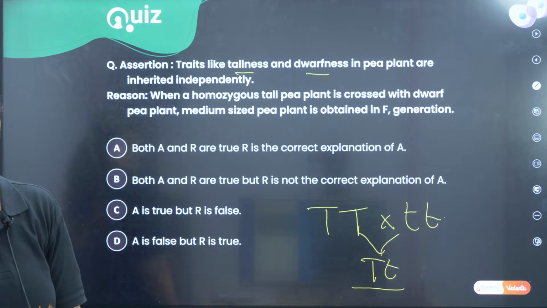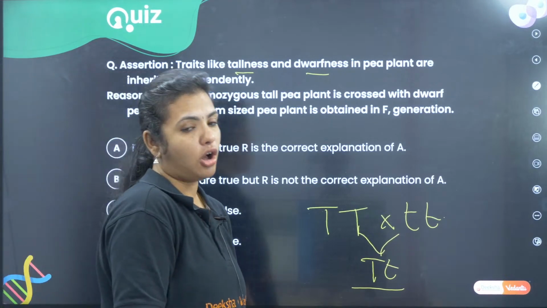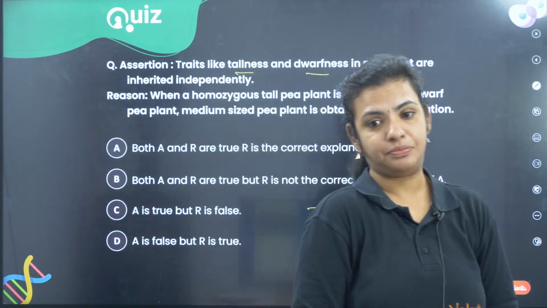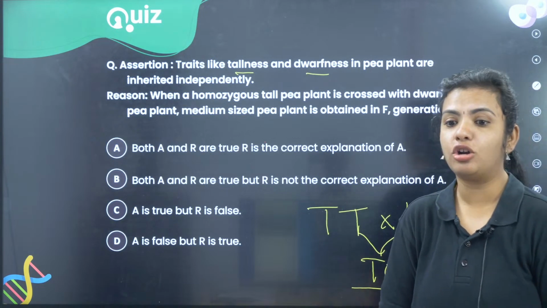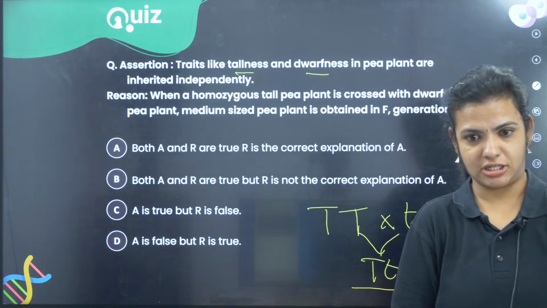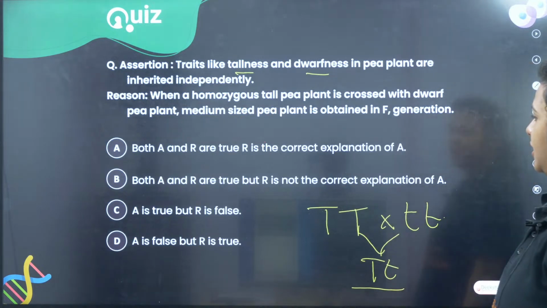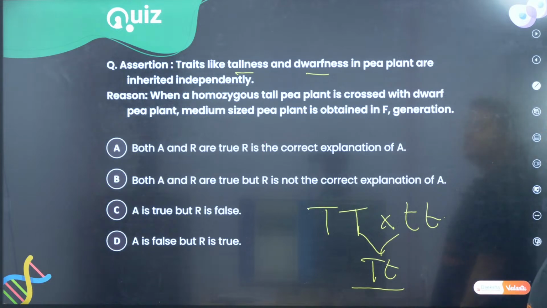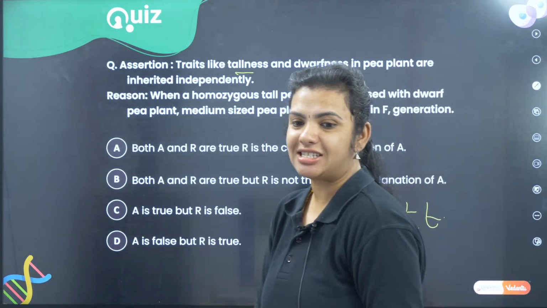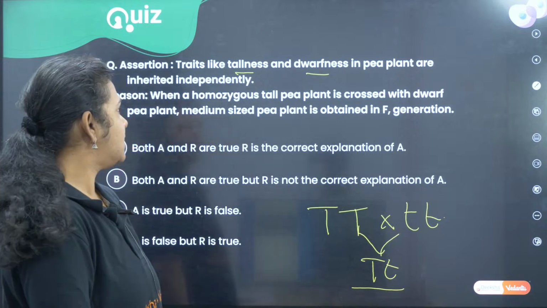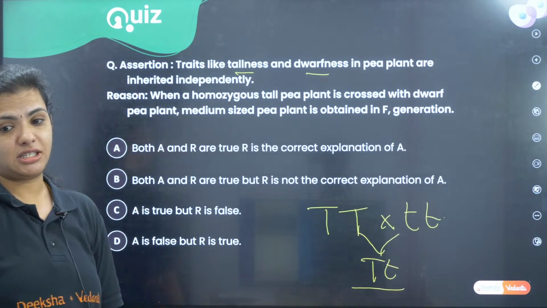So, do you think it is right or wrong? If yes, is it the correct explanation or no? Give your answers. So, I don't see anyone answering. Vatsala has said C, all right. Anybody else? So, Vatsala says the assertion is true but reason is false.